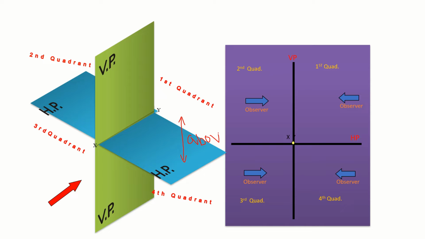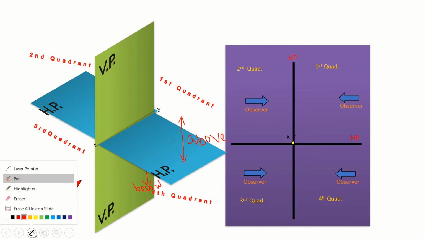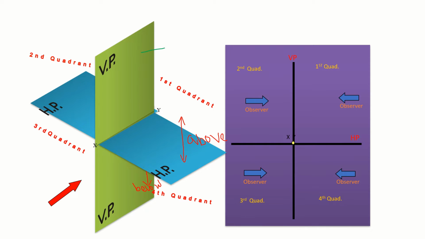An object may be above or below the horizontal plane. With respect to the vertical plane, we will denote in front or behind VP.